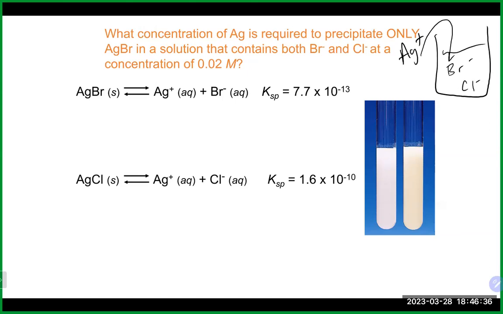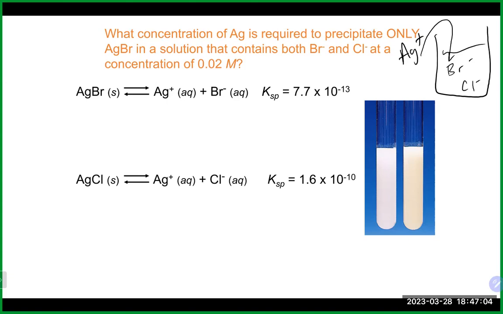That is those two pictures right there, which is pretty much a white solid in both cases. If you added the silver without understanding the proper way to keep one of those in solution and the other one out, there was no way for you to say this little white solid is the silver chloride, maybe this one is the bromide. You're not going to be able to distinguish either of those.